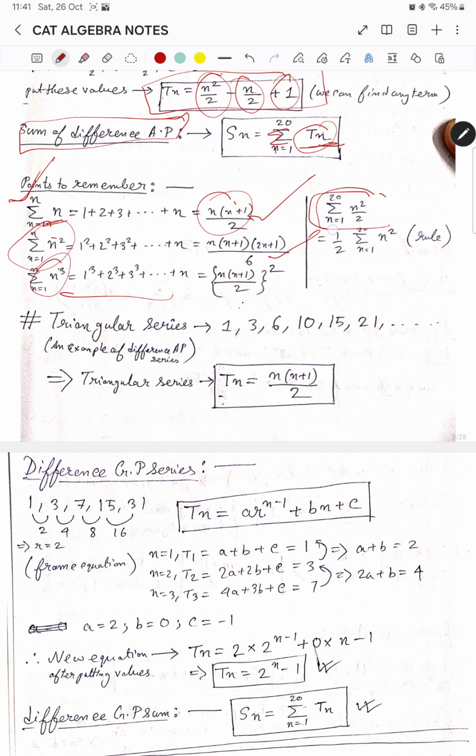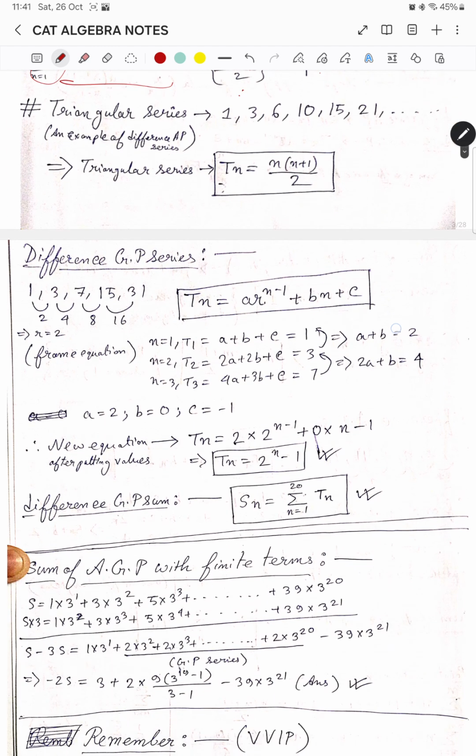If sigma n square by 2 is asked, put that 1 by 2 outside, and sigma of n square is n into n plus 1 into 2n plus 1 by 6. You can put the ranges, put 20 here, then you can simply find it.